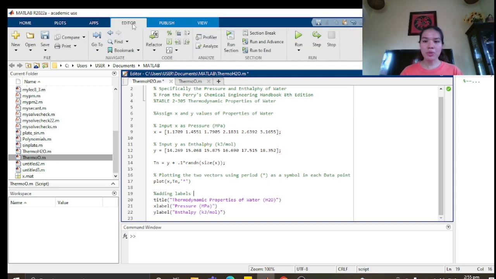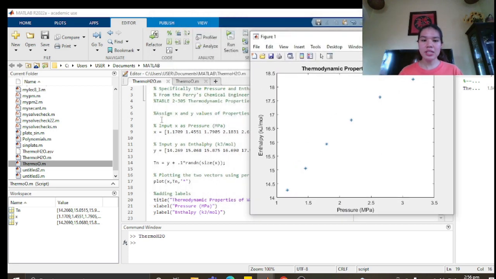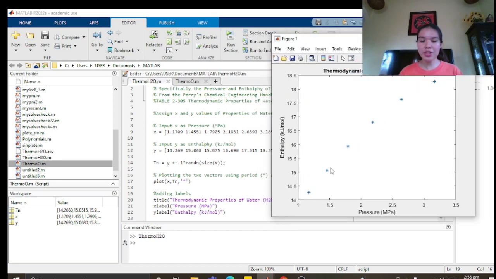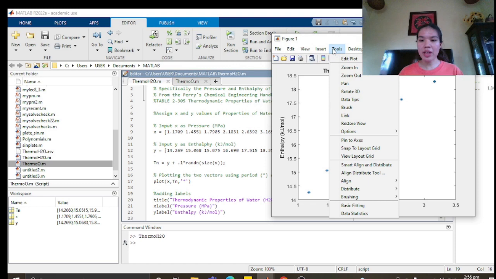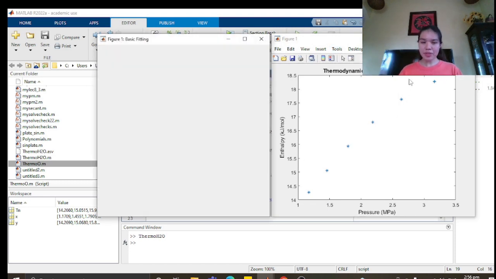So we are going to run this script so that we can see its plot, and we are going to create the curve. So these are the data points from the handbook, the thermodynamic properties of water, and we are going to find which fits best for these data points.